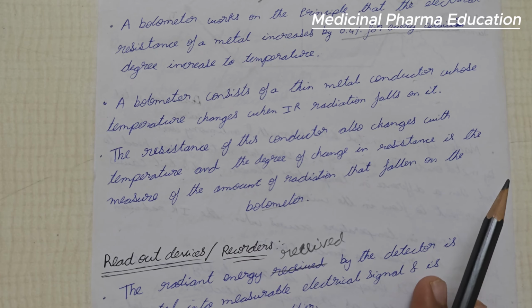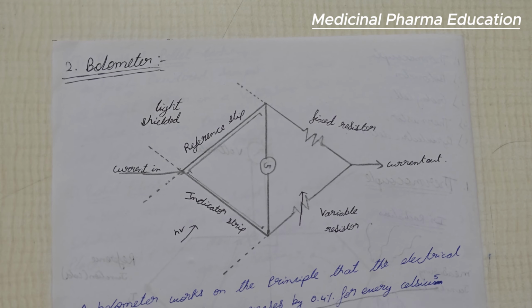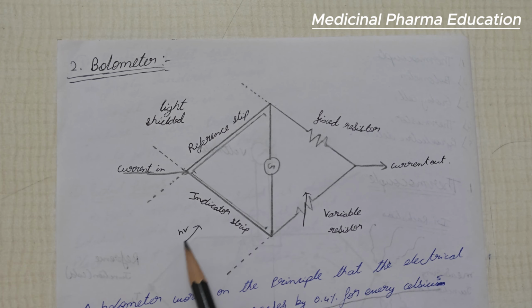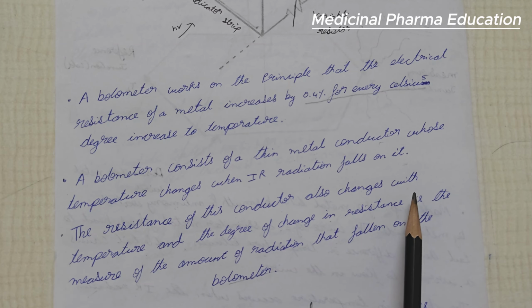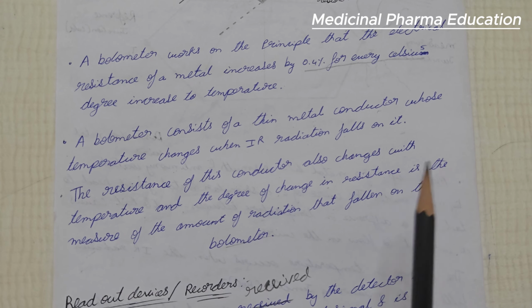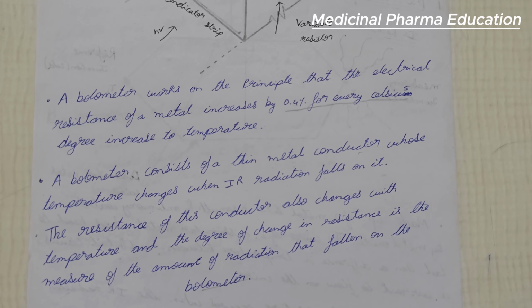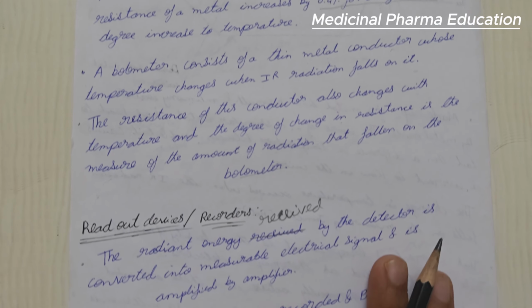So when the IR light falls on the metal conductor, the change in resistance or the change in temperature is used to detect the sample. I think you've understood the point.